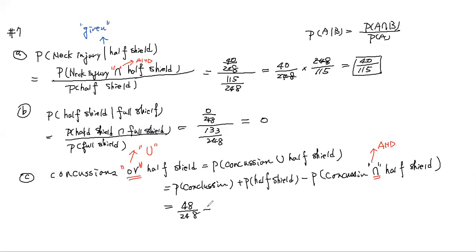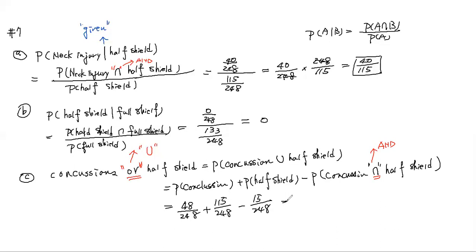How many people wear the half shield? 115 over 248, minus concussion and half shield. Concussion and half shield is 15 people, right? So you minus the intersection. So let's take a look at what we have.